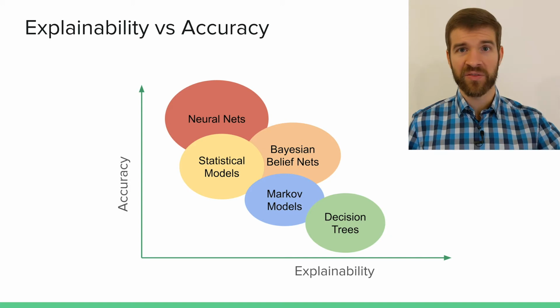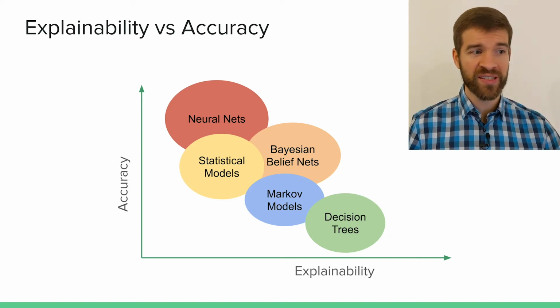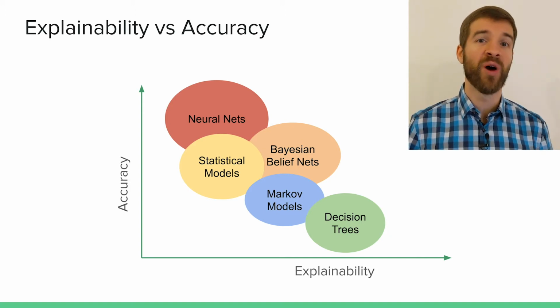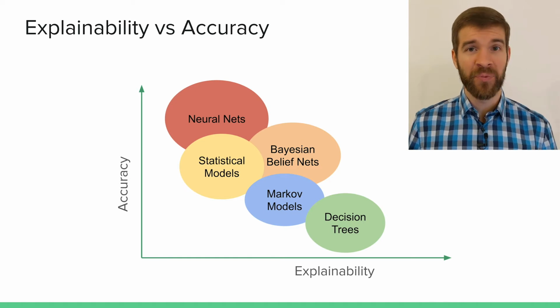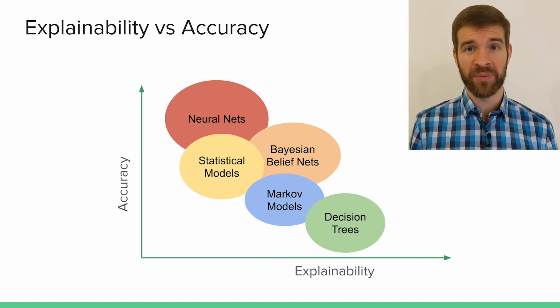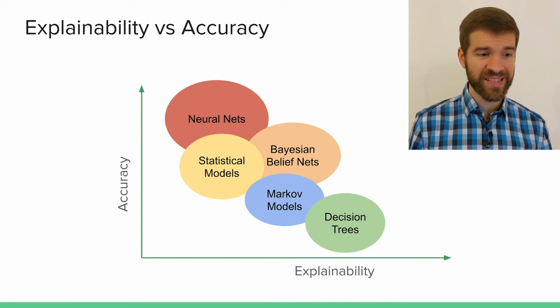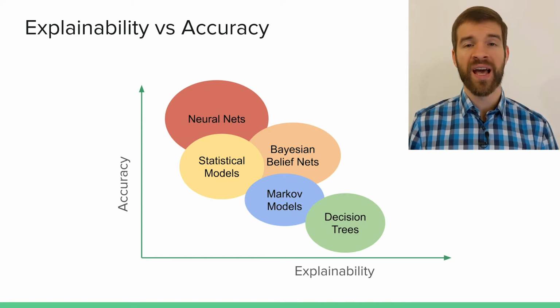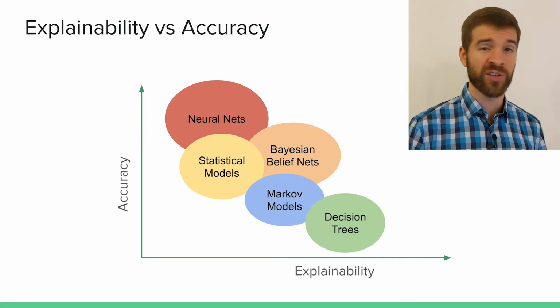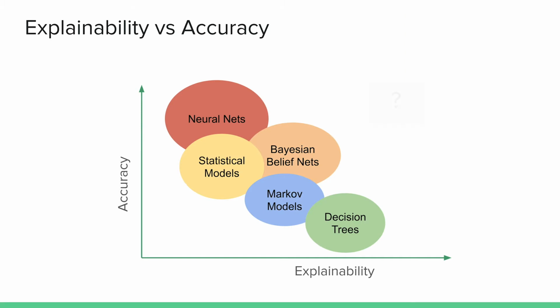We can move towards more accurate models, but we're sacrificing explainability along the way. The community agrees that there is this negative correlation between explainability and accuracy. So the holy grail would be to find models from the area where we are explainable and highly accurate.